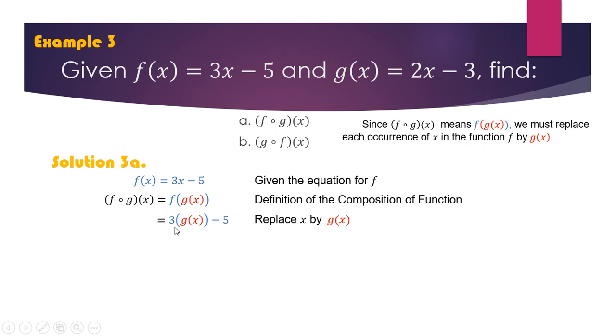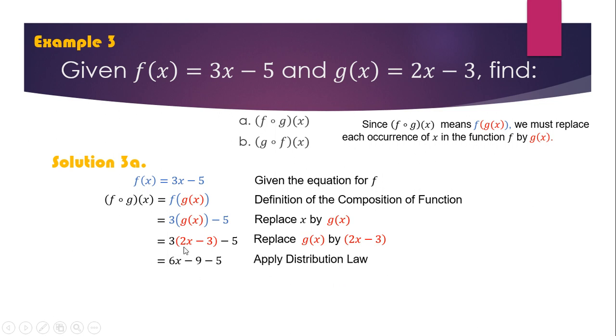So it becomes 3 times g of x minus 5. And then replace the g of x by the given value, which is 2x minus 3. Then after that, simplify by distributive property or distribution law.